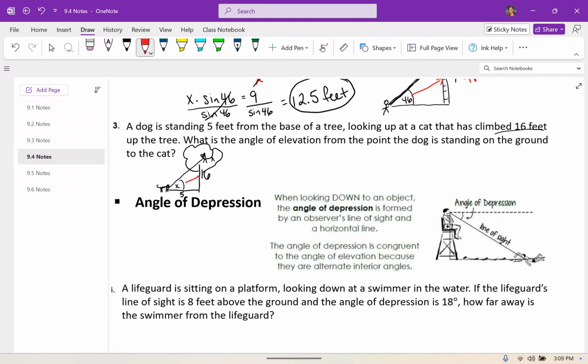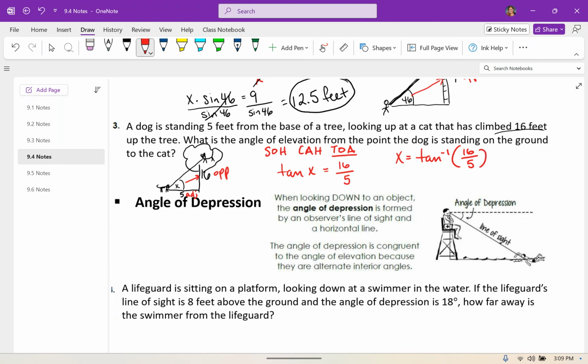So I have opposite and adjacent. So, TOA. Opposite and adjacent is tangent. So tangent of x equals opposite 16 over 5. So x equals inverse tangent of 16 over 5.